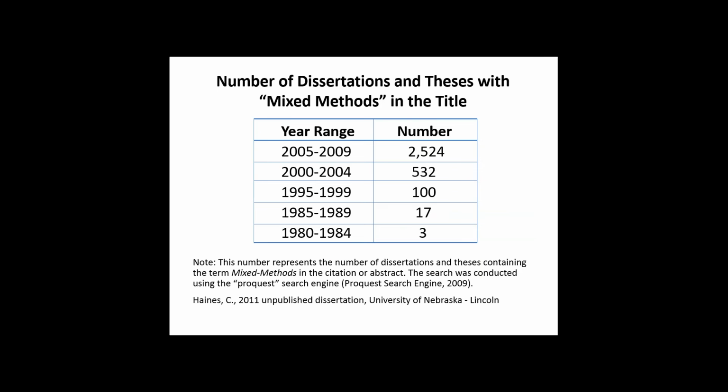There may be more students in 2005 to 2009, but nonetheless, looking at the pure numbers, there are a lot more. For all the years 2004 and before, if you add them up, they don't come close to how many were conducted in 2005 to 2009. So you can see mixed methods research has been steadily growing, especially lately.